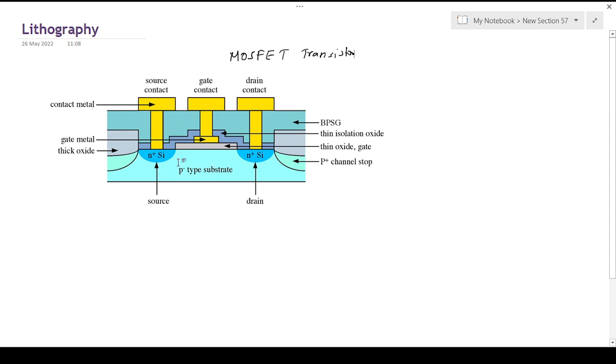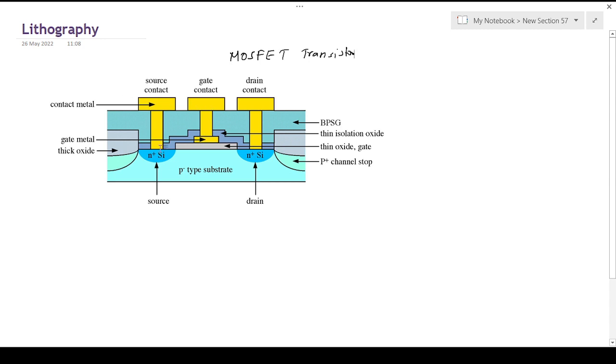Over the p-type substrate we coat different metal oxide layers, and there are different step regions. In these regions we need to deposit thin oxides as the gate, and thin isolation oxides, and we need to create a gate contact, source contact, and drain contact, which are made up of different metals.